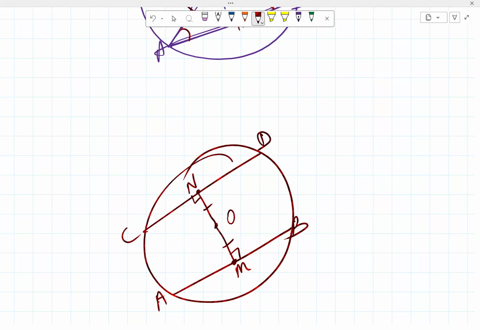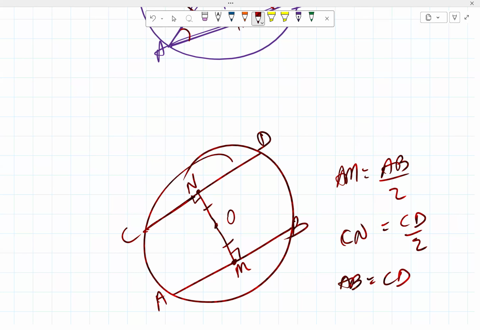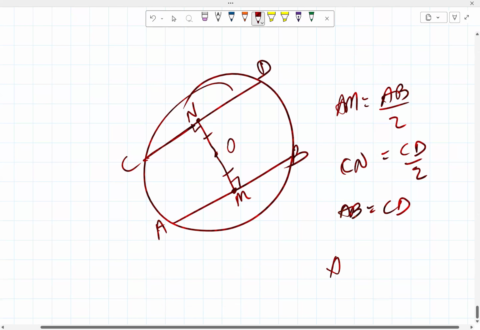Since that is the case, we can say that AM is equal to AB over 2 for sure. And of course, this CN is also CD over 2. And since AB is equal to CD, we can then say AM is simply equal to CN, like this now.